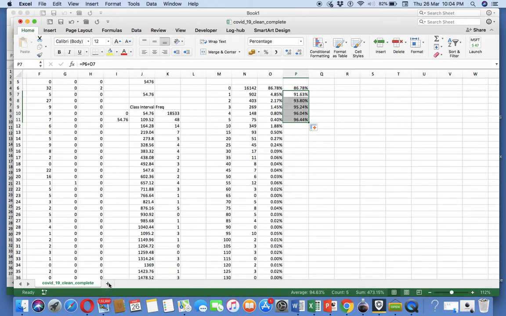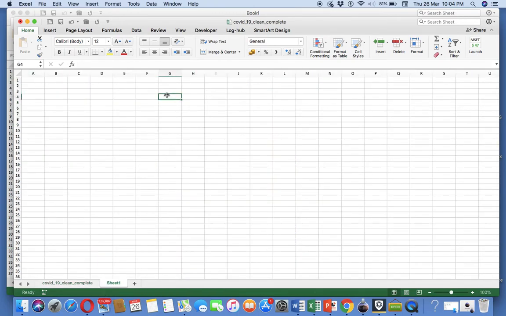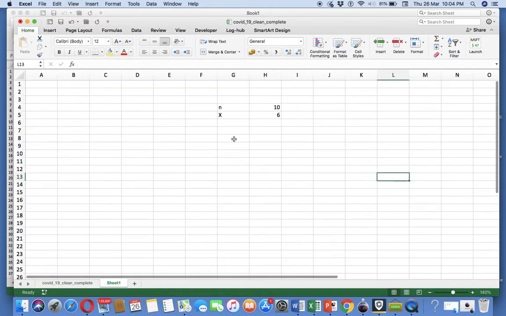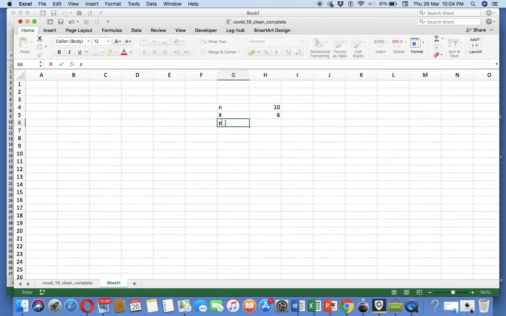Take another sheet. We know that n is equal to 10, and capital X is equal to 6. P, the probability of success, is equal to 0.5 by default because tossing a coin gives 0.5. And Q, which is 1 minus P, is also 0.5.